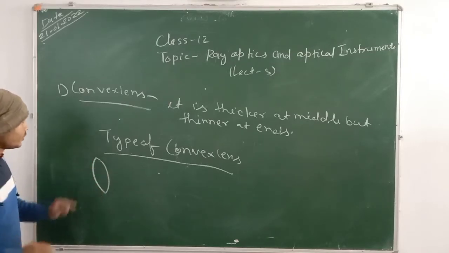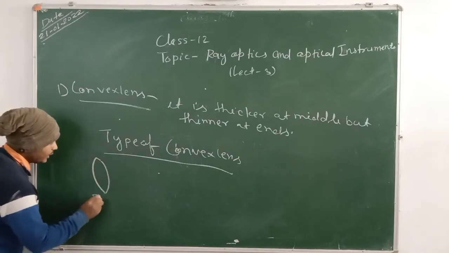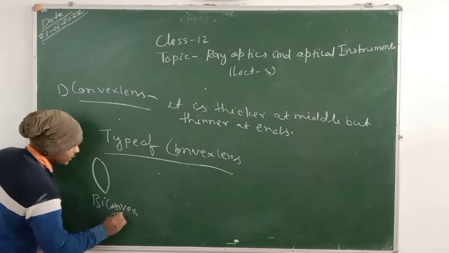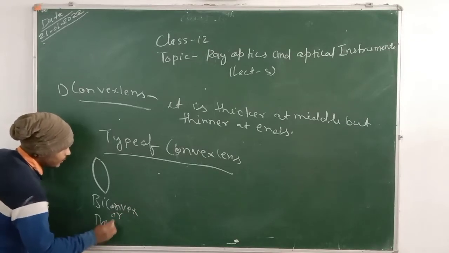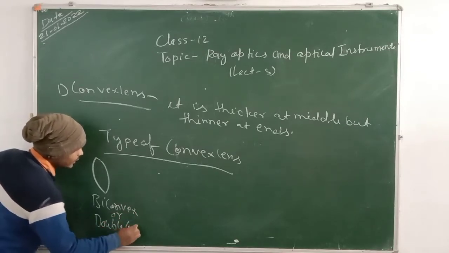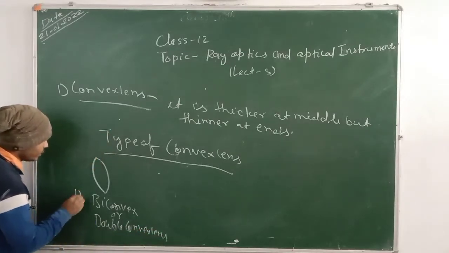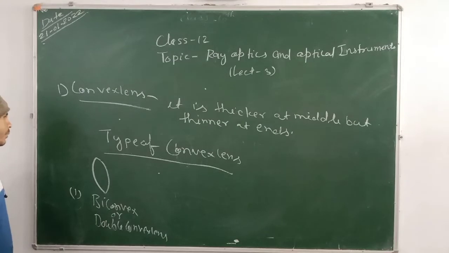Understand? So it is known as biconvex, or it is also known as double convex lens. Is it clear? So this one is the first type of convex lens.